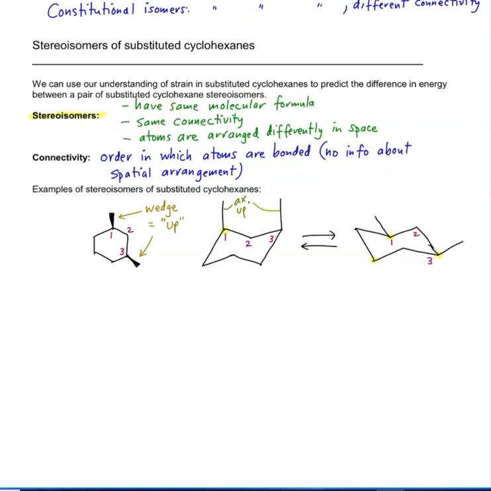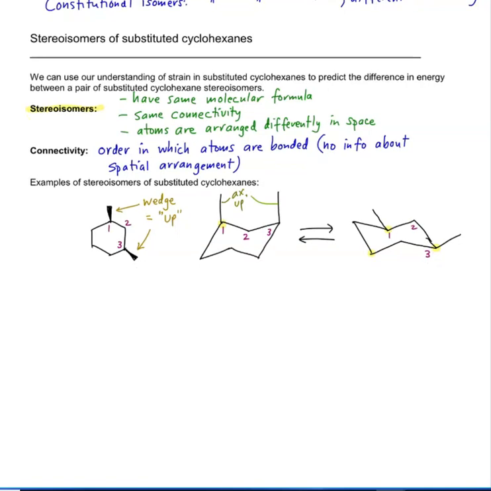Okay, so notice then that the wedge, and as we'll see, the same thing is going to be true for the dash, the wedge tells us nothing about axial or equatorial. All it tells us is that those bonds are going up. So the wedge and dash notation gives 0 information about whether those are in axial or equatorial positions.